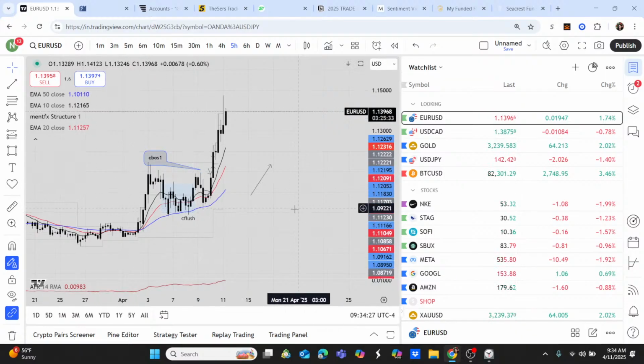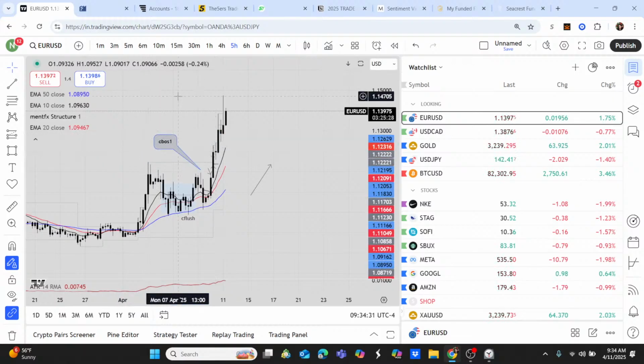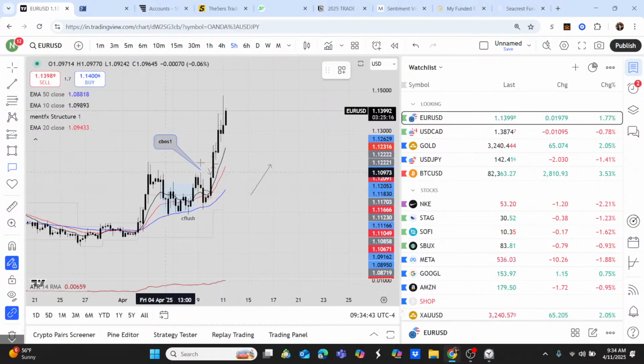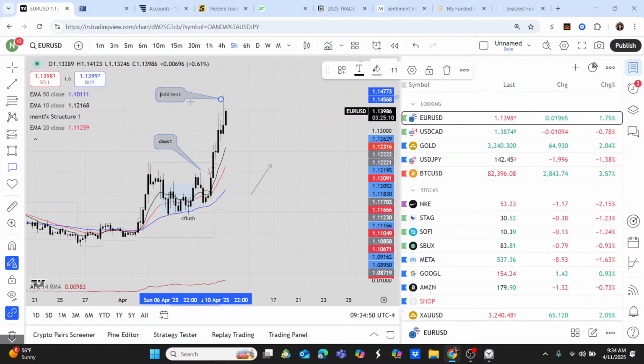Because after you get a flush, I expect 4 to 5 of these fractal breaks of structure. It's just the impulse, pause, impulse, as it's going against the 10 and 20 like that. So we're just analyzing the charts since there's news coming and just seeing what we can potentially look at.